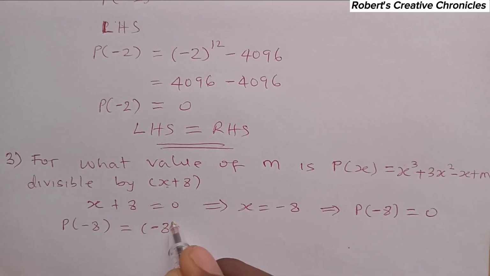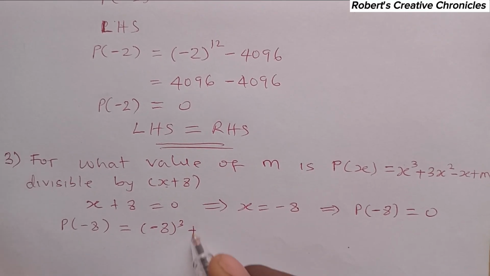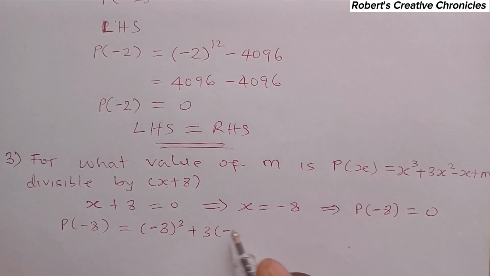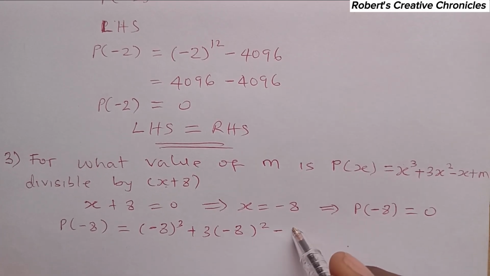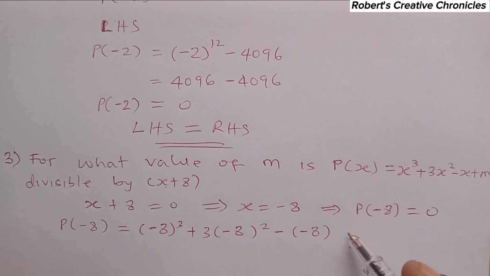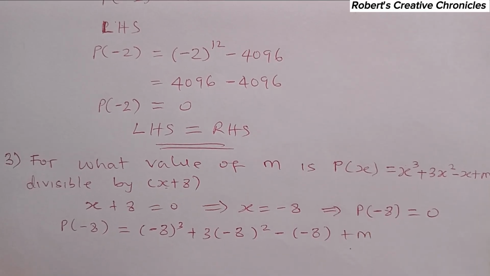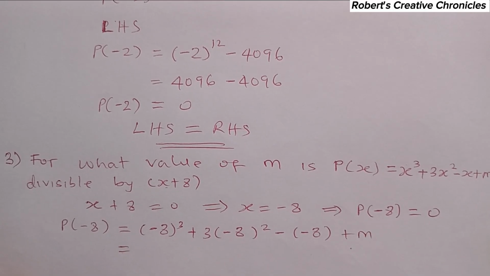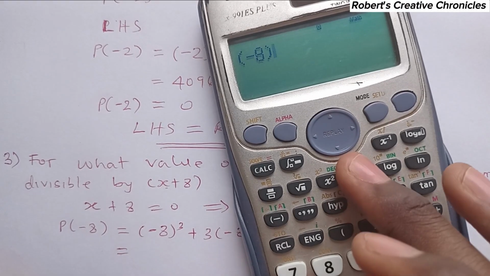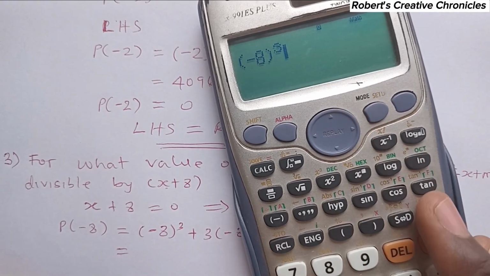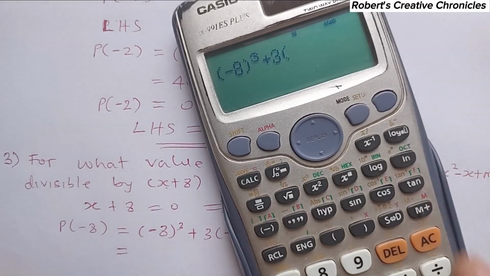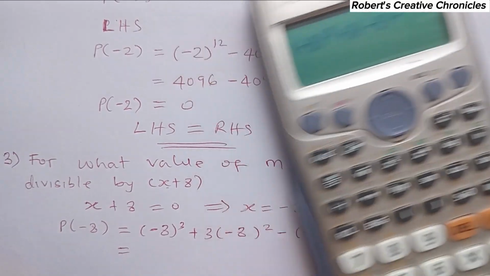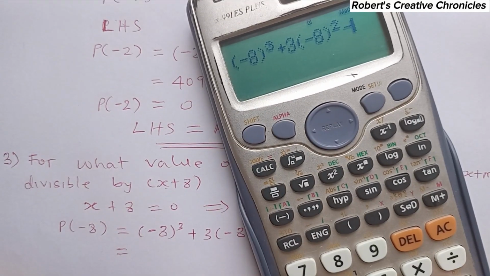It's negative 8 cubed plus 3 times negative 8 squared minus negative 8 plus m. Negative 8 cubed plus 3 times negative 8 squared minus 8.